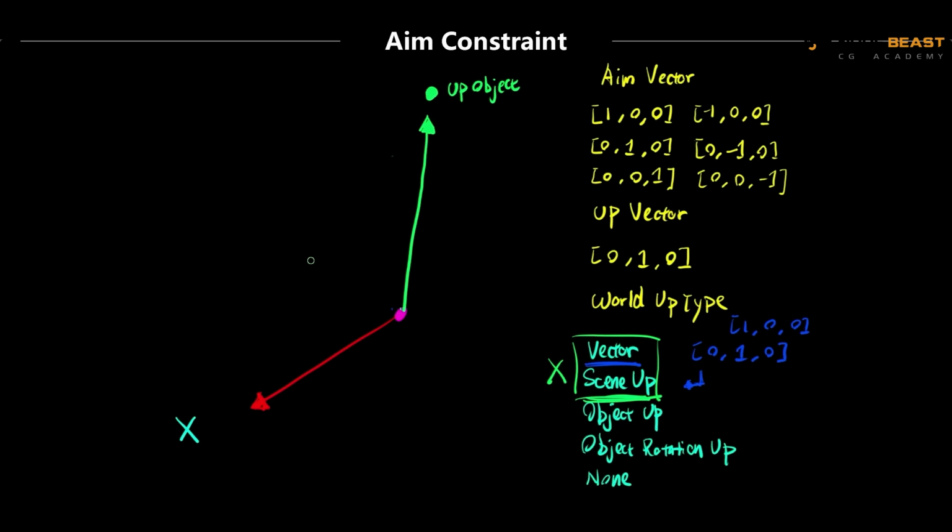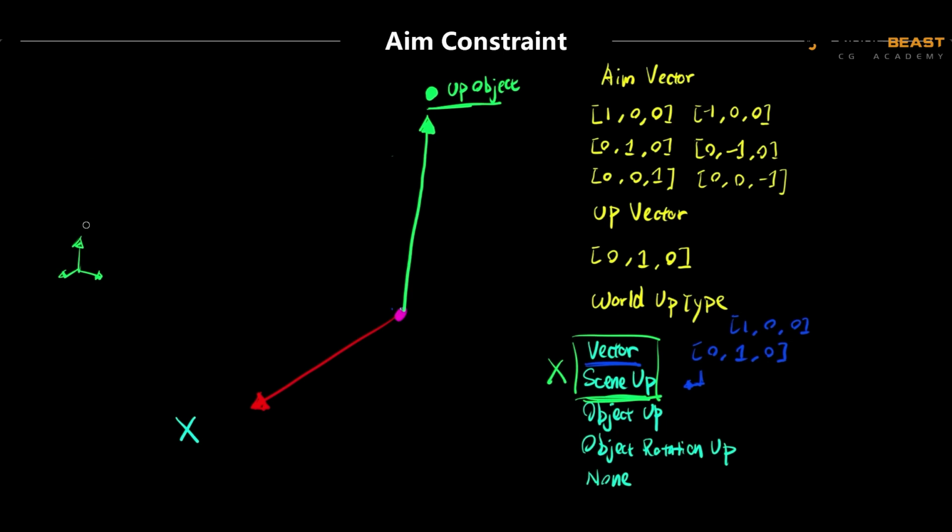That is object up. Now, object rotation up might sound a bit harder to understand. It's actually very simple. We still find a reference object, but this time we no longer reference the object's position. Object up references the object's position, and we use those two positions to get the direction. But now we have a reference object, and this object can have any rotation. We specify axis direction from this reference object.